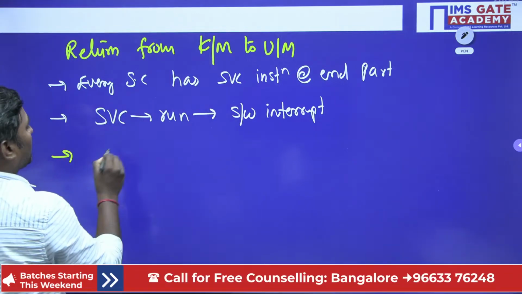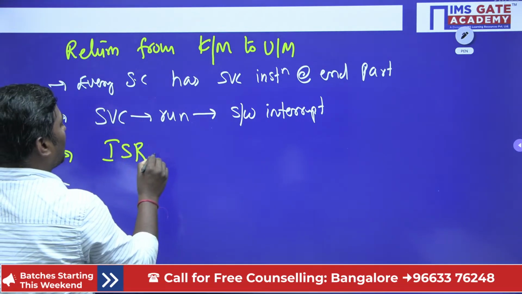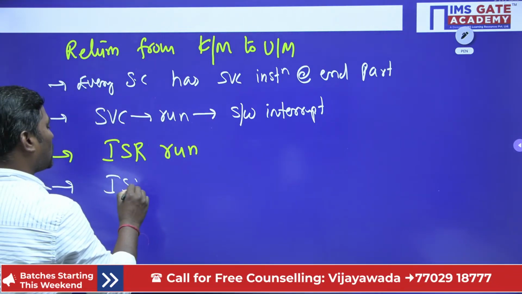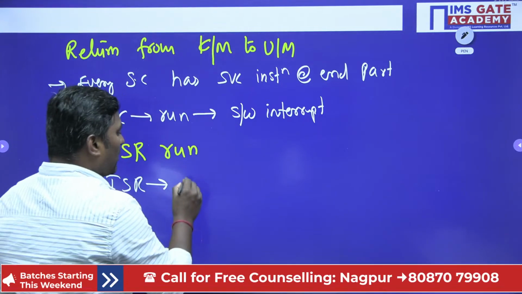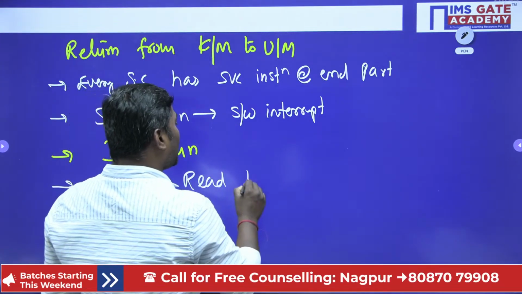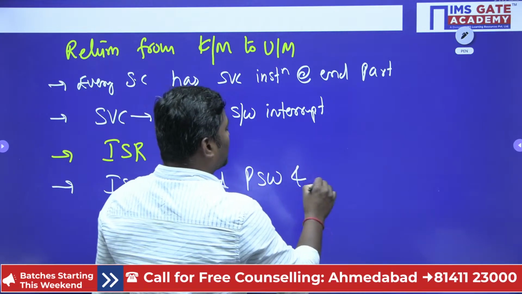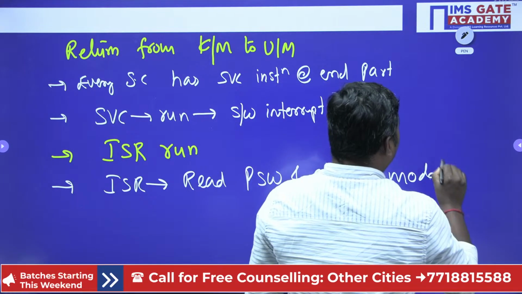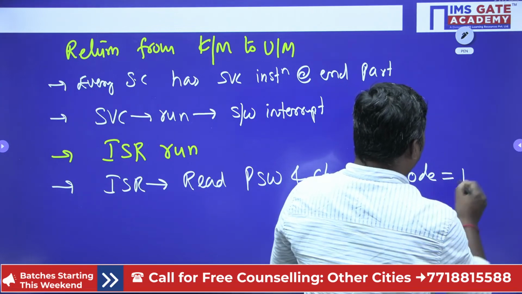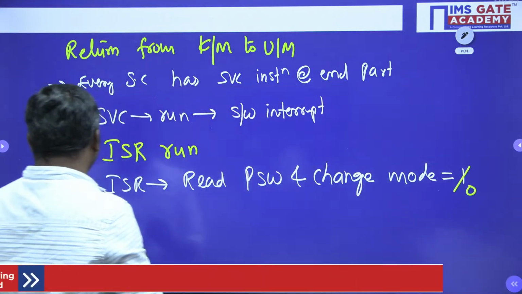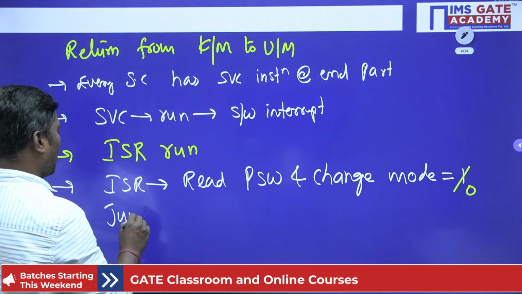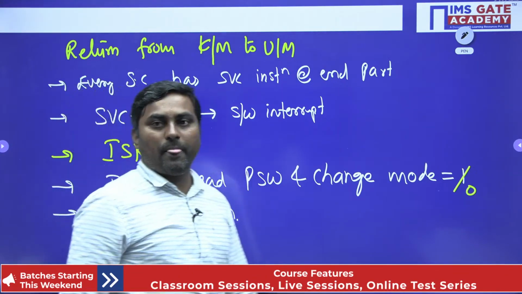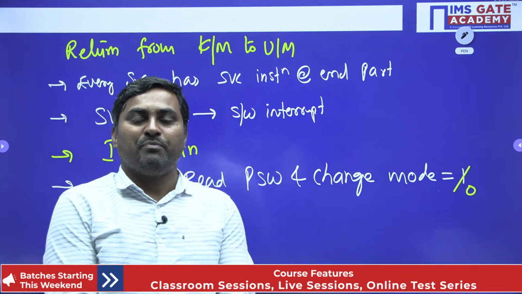When a software interrupt is generated, you have to run the ISR. What does the ISR have to do? The ISR has to read the process status word and change the mode bit. The mode bit is currently 1; you have to change it to 0. Then you are jumping into user mode only, so you continue the code. These are the steps that happen. I hope this is clear.